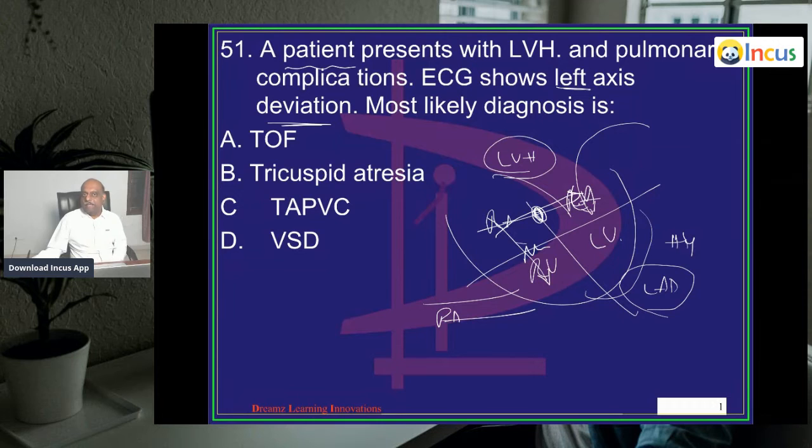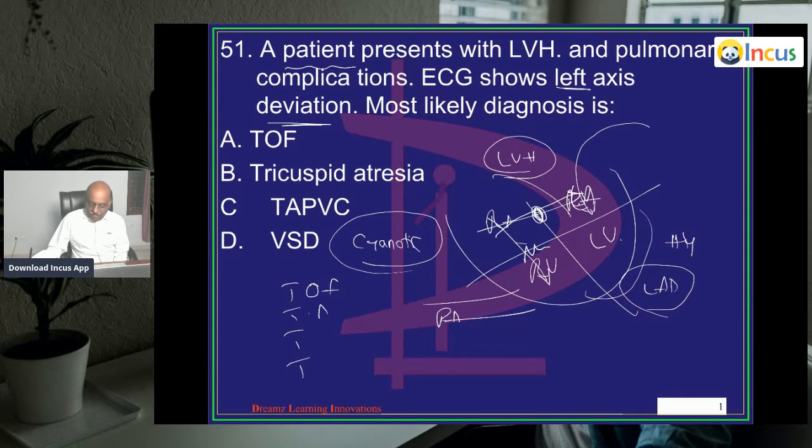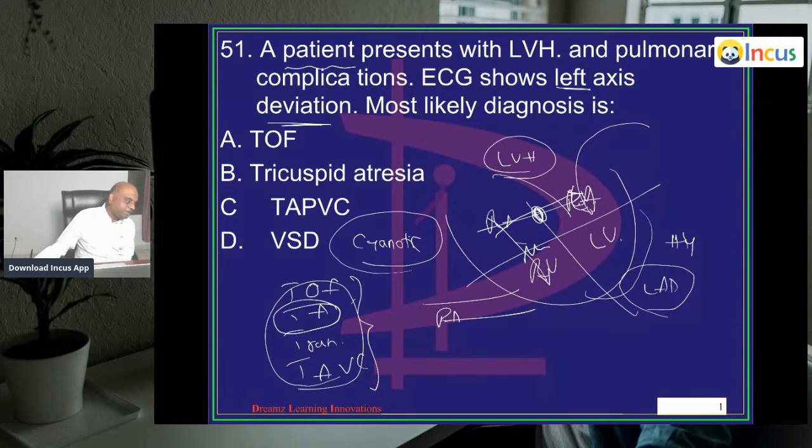So tricuspid atresia is one among the 4 T's that you need to remember for cyanotic heart disease in the pediatric population. T for TOF, T for tricuspid atresia, T for transposition, T for total anomalous venous circulation. Out of these 4 T's, tricuspid atresia, how do you suspect?